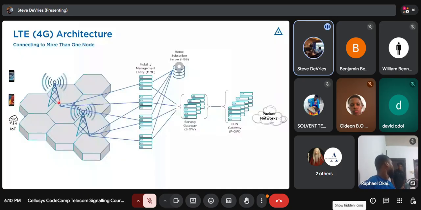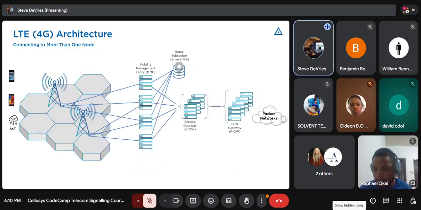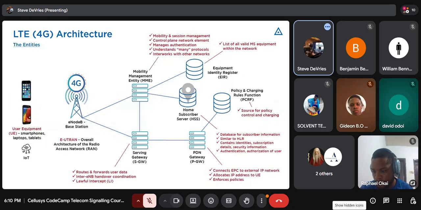These MMEs can communicate with different serving gateways, again depending on architecture and geography. And you can have multiple P gateways going out to various networks out here. So it's not strictly like it shows here, just one of these entities. You can have multiple of these entities, so you connect to more than one node with 4G.